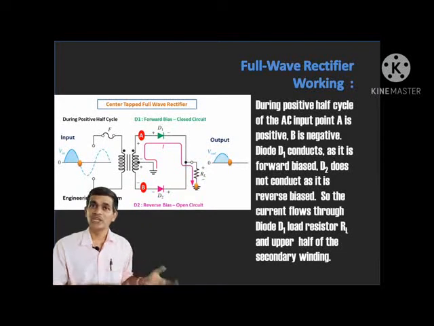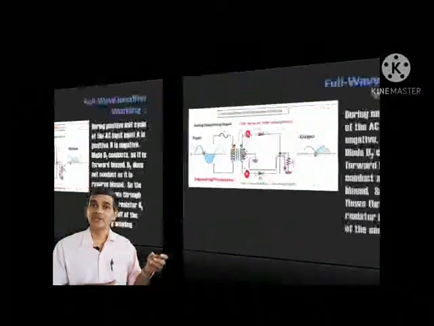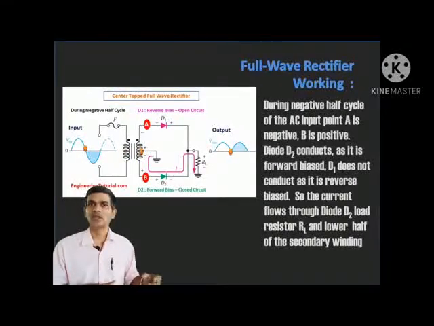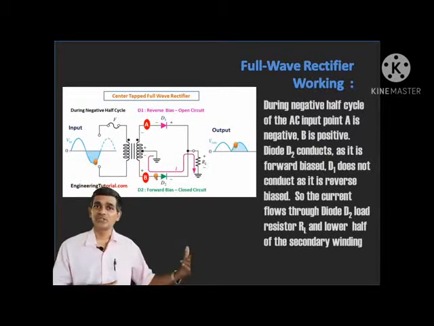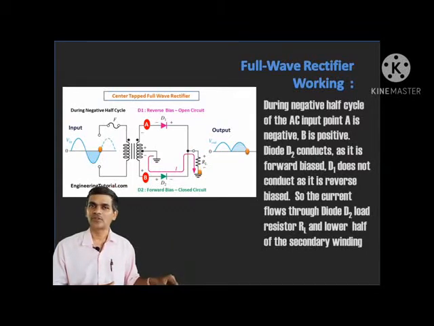During the negative half cycle of the input AC, A becomes negative and B becomes positive. Now diode D1 is reverse biased and D2 is forward biased. D1 does not conduct, and D2 conducts. As a result, current flows through D2 now, but across the load resistance it is in the same direction as in the previous positive half cycle.